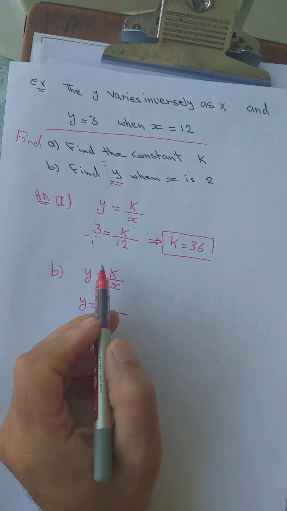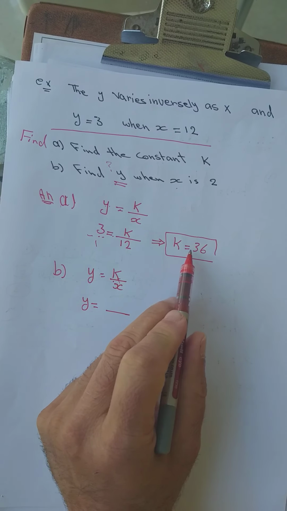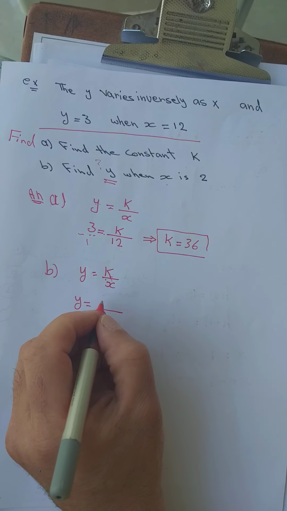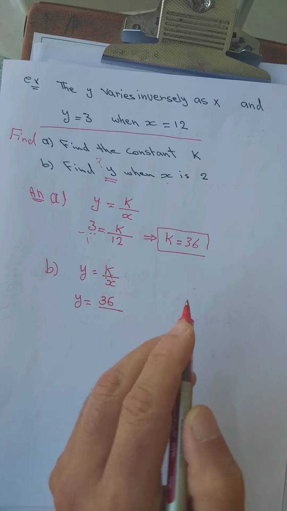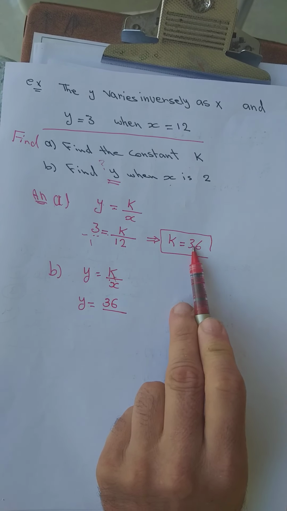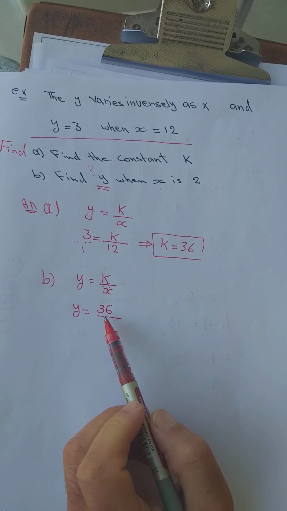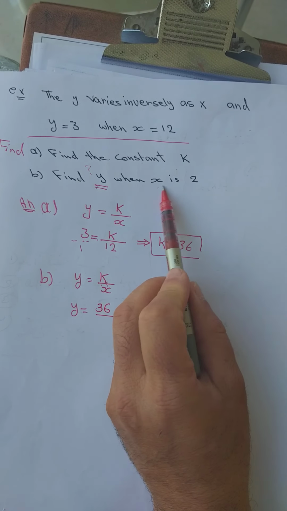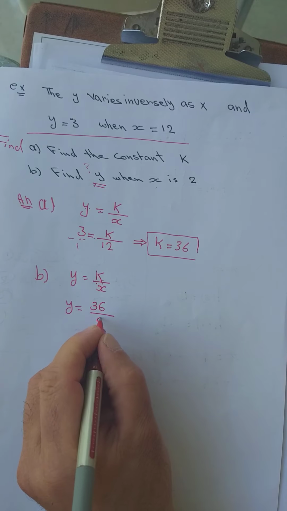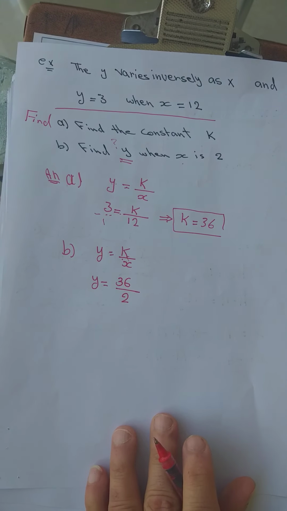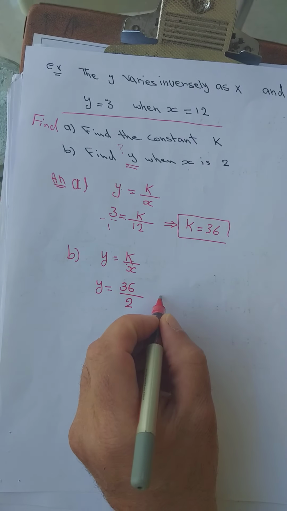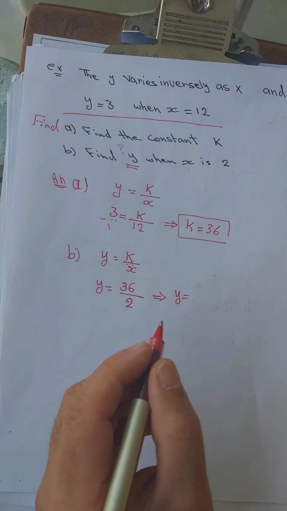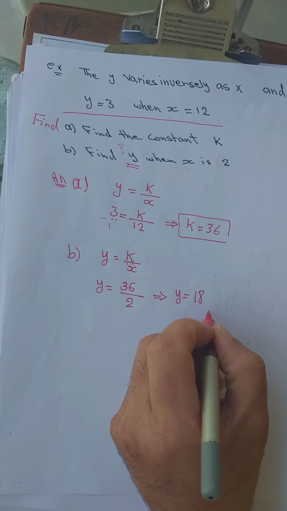And k, yes, from A we found k is equal to 36. Do you have x? Yes, x is equal to 2. Replace 2. Now we have y. y equals 36 divided by 2, 18.